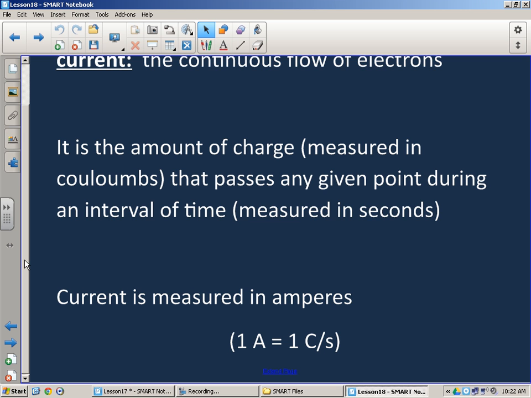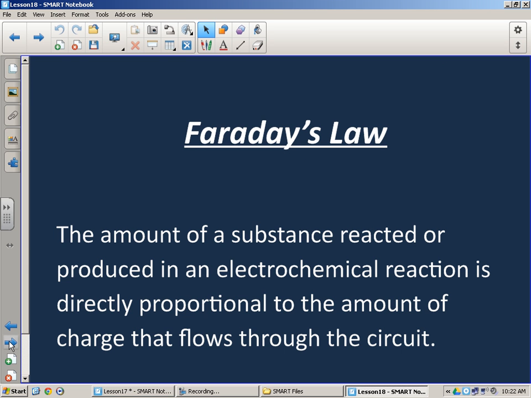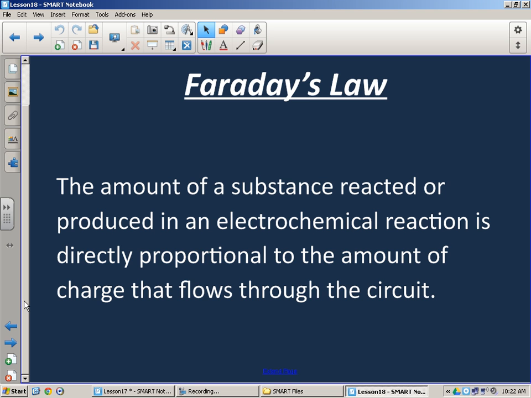We're going to use this in a formula. Faraday's law relates the amount of substance, the amount of reactant or product, to the amount of electrons we're using. To summarize, the amount of a substance reacted or produced in an electrochemical reaction is directly proportional to the amount of charge that flows through the circuit.